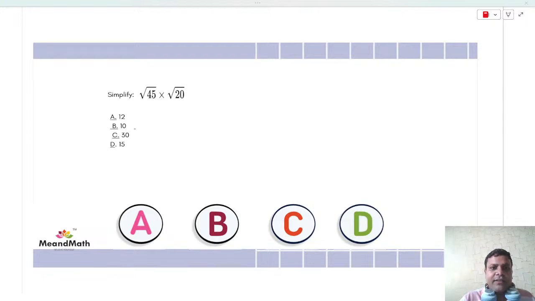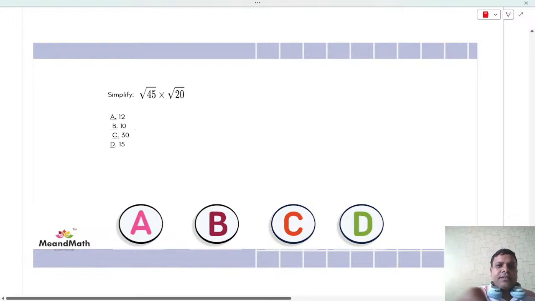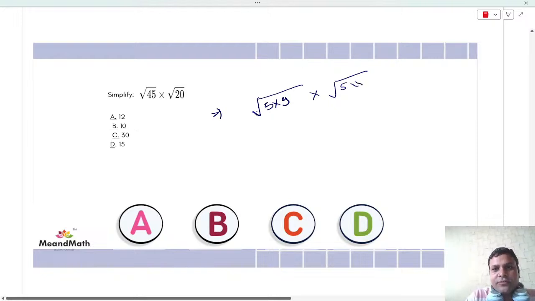Root 45 you can write as 5 into 9, and root 20 is 5 into 4.